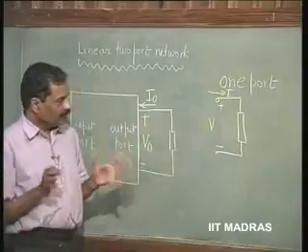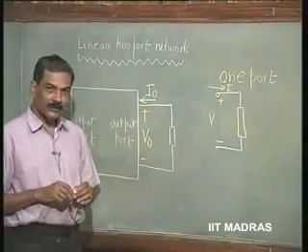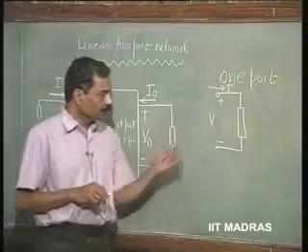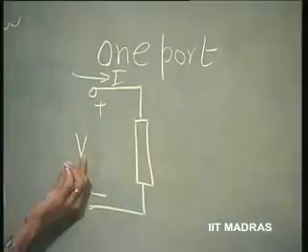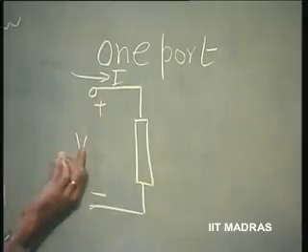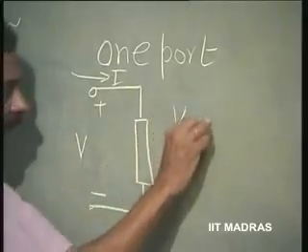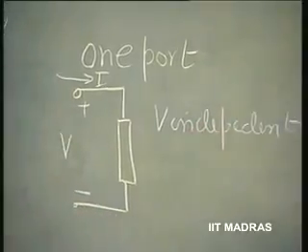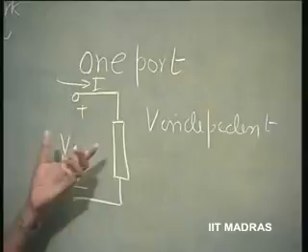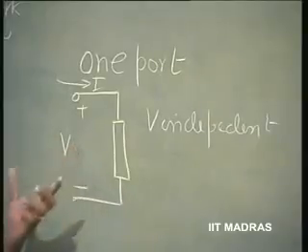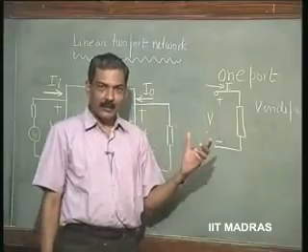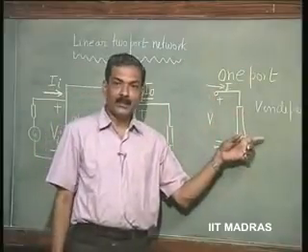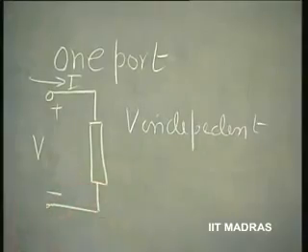Now, some mathematical concepts here. If V is the independent variable in a one-port network, what does it mean practically? If I am going to fix V by means of a voltage source, a battery, I is going to be determined, or I is going to become the dependent variable.